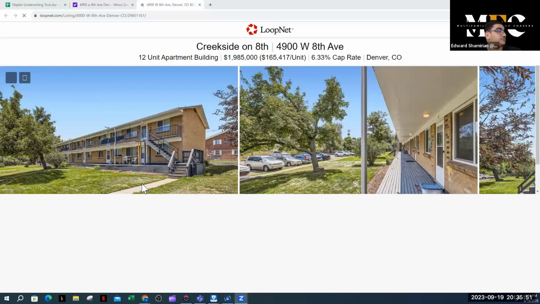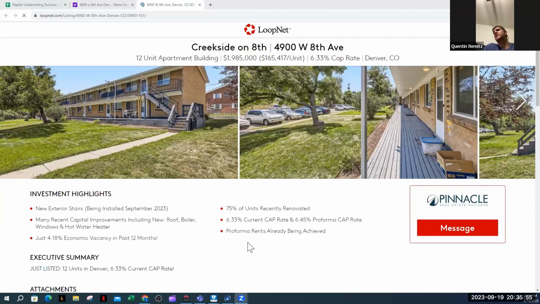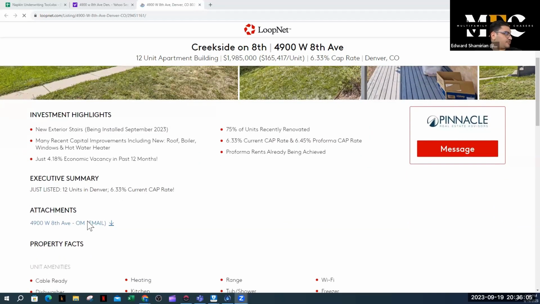No, rent is lower. I mean, it's very hard to find. 75% of units to be slightly renovated. Would you have an idea of what the CapEx budget would be on the remaining 25%?